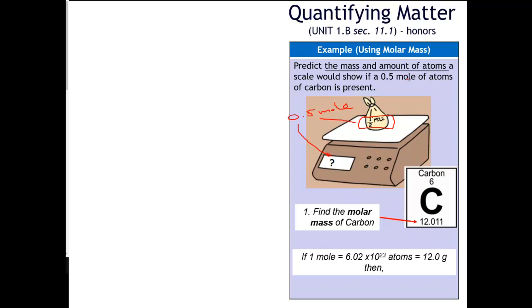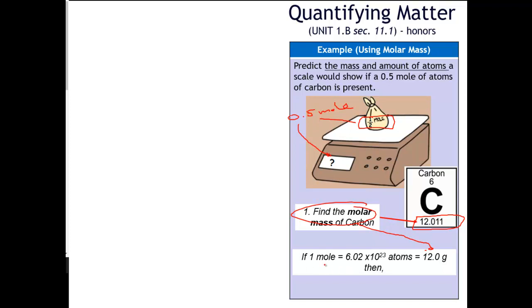Because it's carbon, again, I should look on the periodic table and take a look at what the molar mass of carbon is. It's 12.011 grams. Now, if 1 mole is 6.02 times 10 to the 23rd atoms, which equals 12 grams, because this is called a molar mass, I don't have 12 grams because I actually have a half a mole.